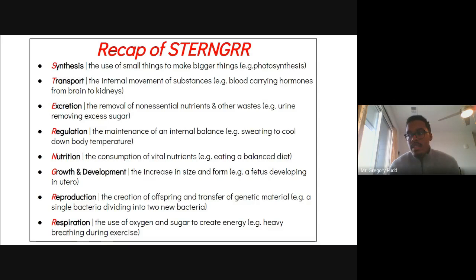Reproduction, I can relate the cell cycle to that. I can relate fertilization to that. Growth and development, I can also relate the cell cycle to that. There are all these cross-cutting concepts that we've gone over the last 3.5 months, and they all come back to STERNGRR. That's why we introduce it in the very beginning, and that's why we come back to it at the very end of the course.